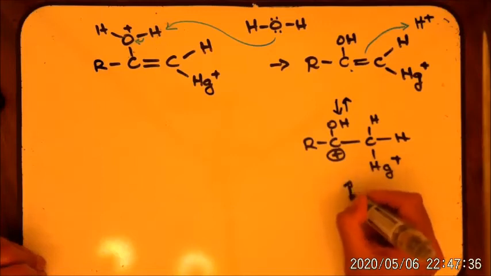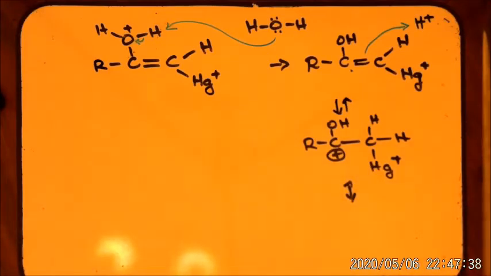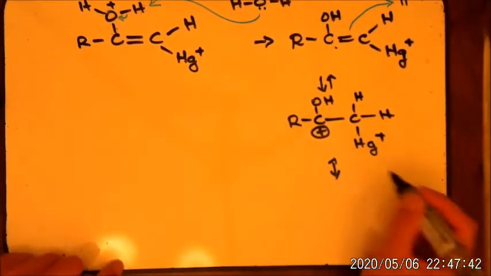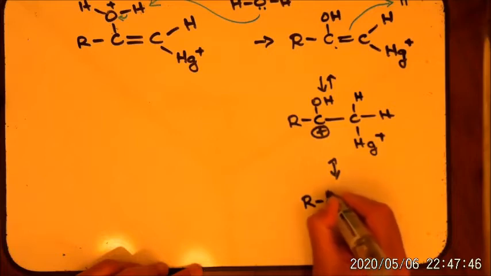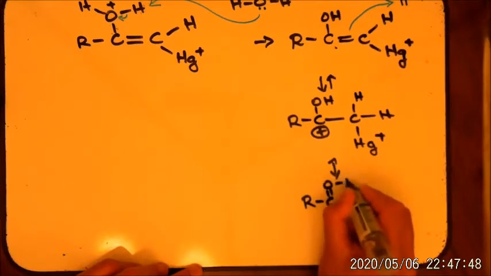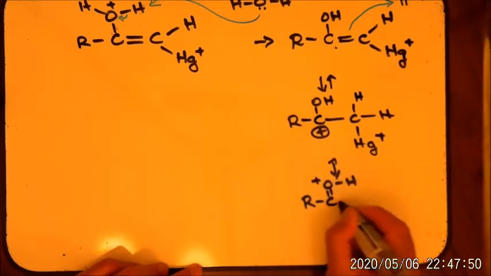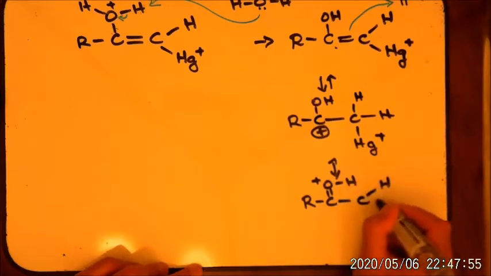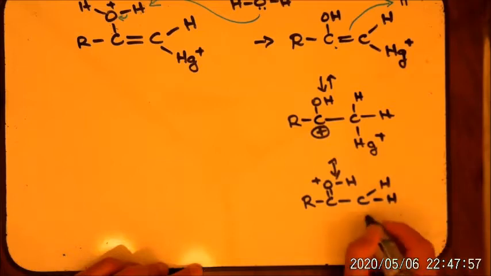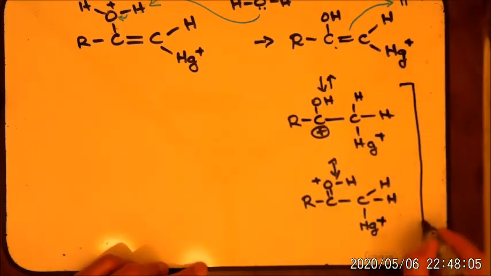Remember, this is in resonance form. You say, wait a second, I have a plus charge here and a plus charge there. How does this all work? Don't forget, this is in resonance, right?